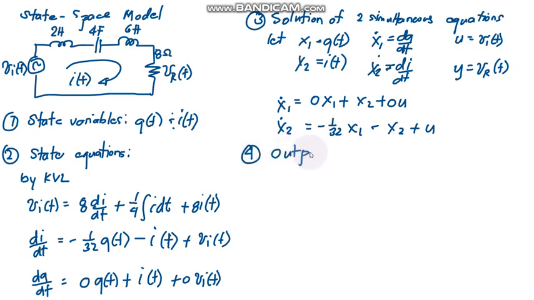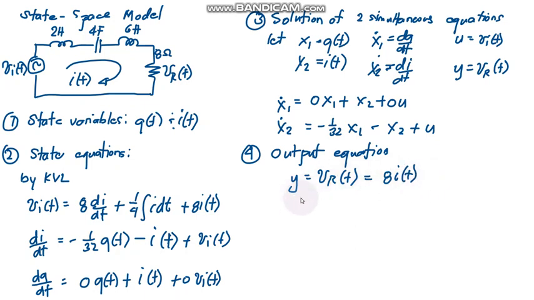For the output, solving for the output equation, since we know that our output y is equal to the voltage drop at the resistor, and by Ohm's law, the resistor voltage is simply its impedance times the current flowing through it.